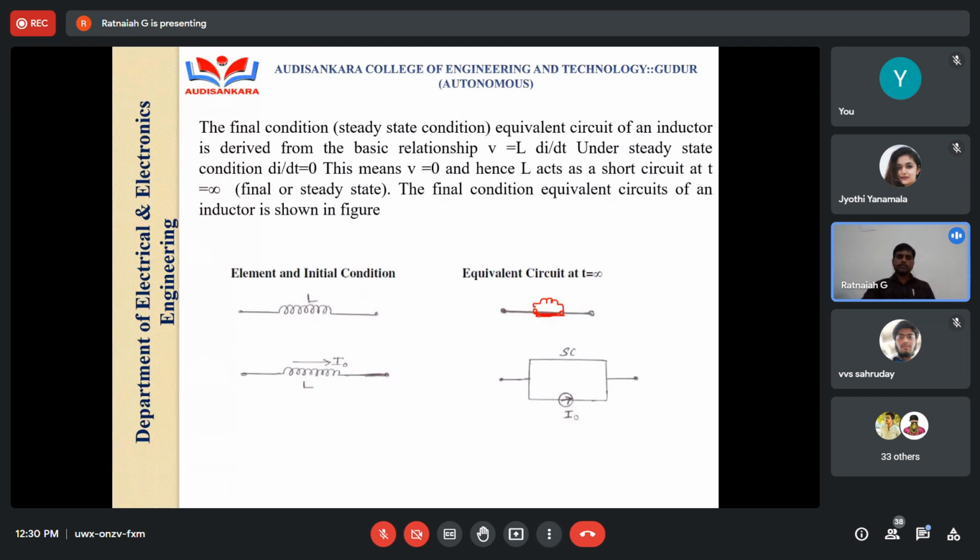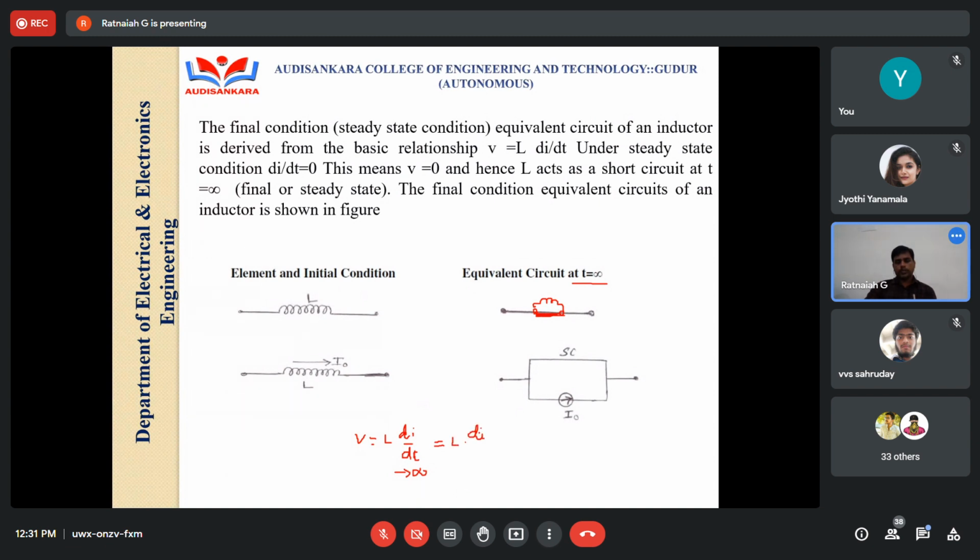Why will this inductor act as a short circuit? We know the inductor voltage V is equal to L into di by dt. At t is equal to infinity, when I substitute t equal to infinity, I will get L into di by infinity.